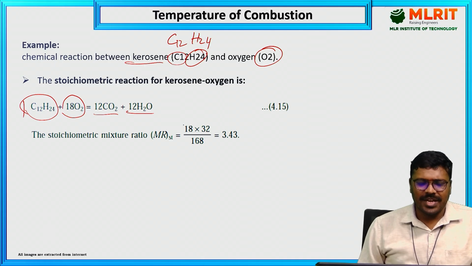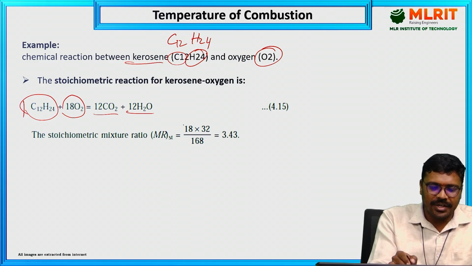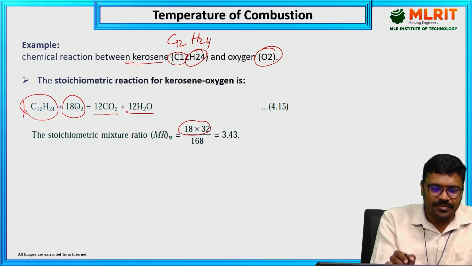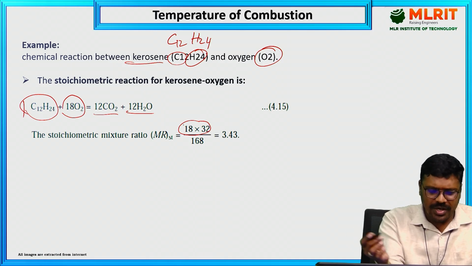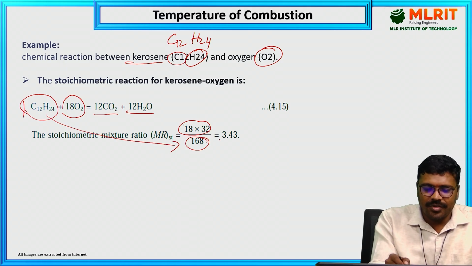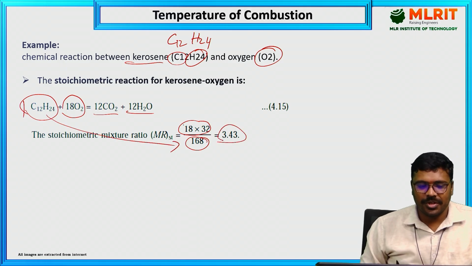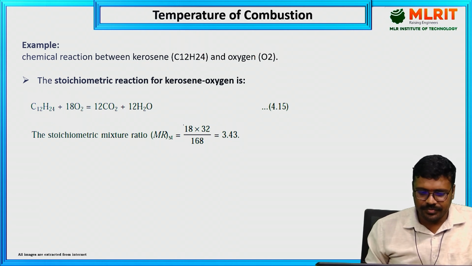The stoichiometric mixture ratio is 18 into 32 for oxygen, the oxidizer, to the fuel, which is kerosene. You will get 3.43, which is the stoichiometric mixture ratio.